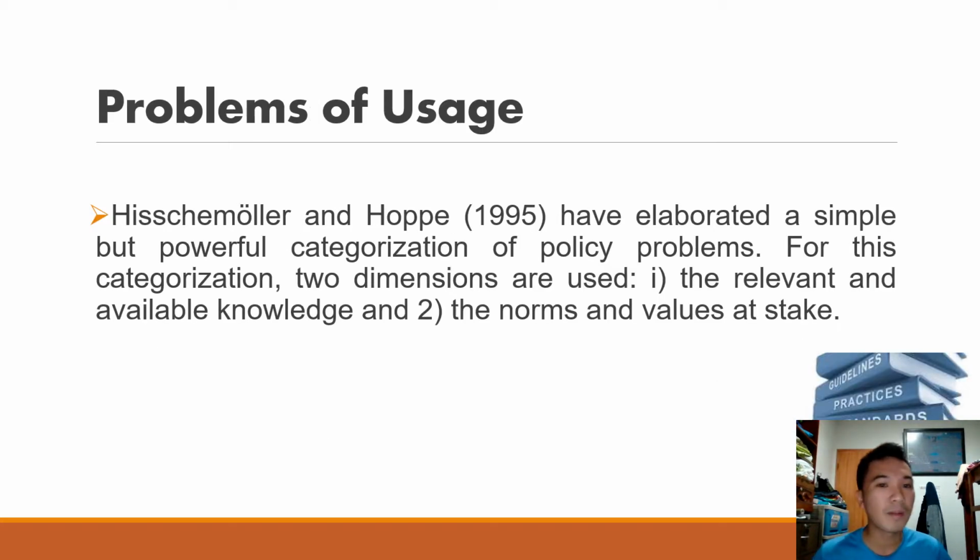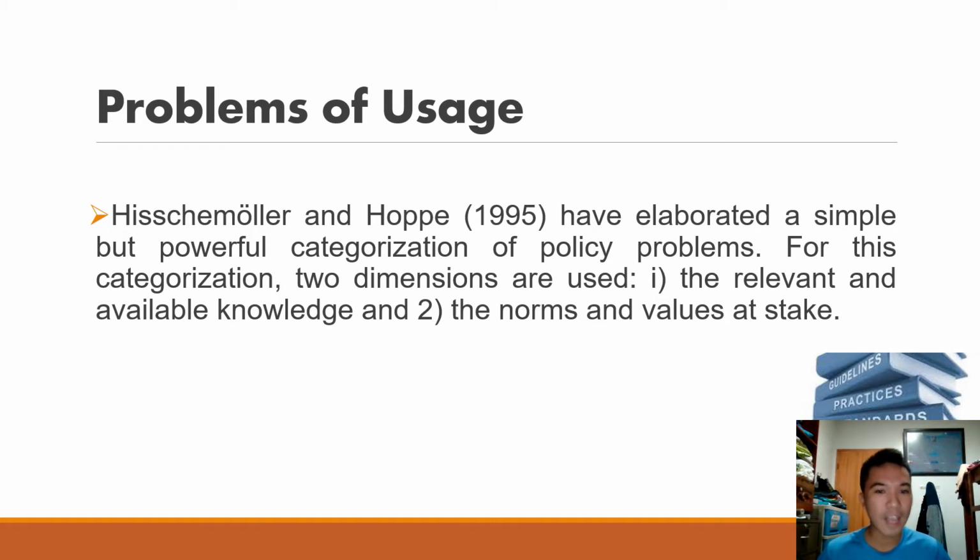So first, the problems of usage of policy. According to Moeller and Hope in 1995, they have elaborated a simple but powerful categorization of problems of policy. The first category talks about the relevant and available knowledge.